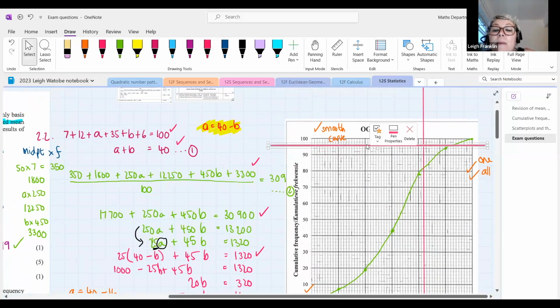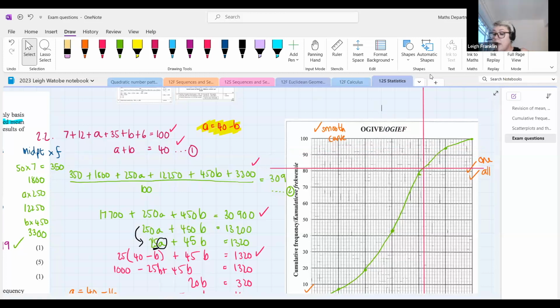I'm going to grab my pink line. Come, pink line. And I'm going to go down to there. So where it crossed over here, I'm now going to read off on the left-hand side.